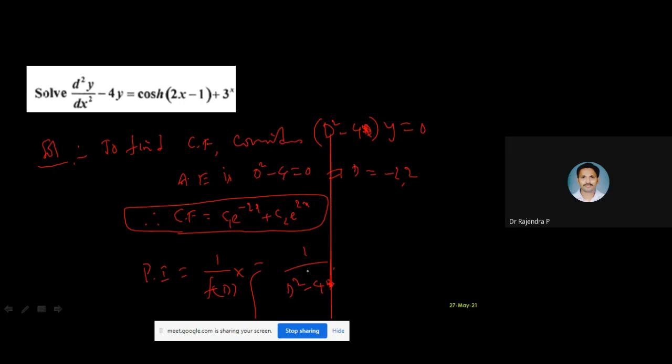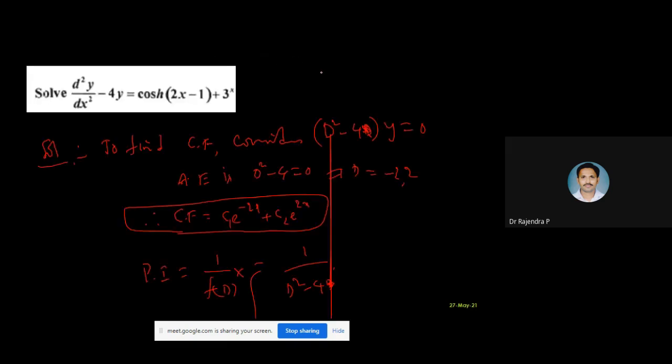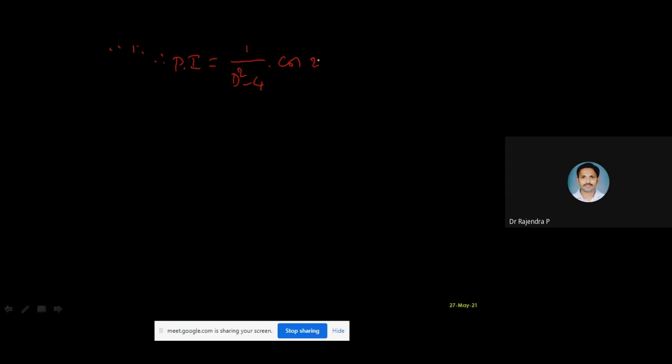So PI is equal to 1 by D square minus 4 into cos hyperbolic 2x minus 1 plus 3 power x. This we have to solve.